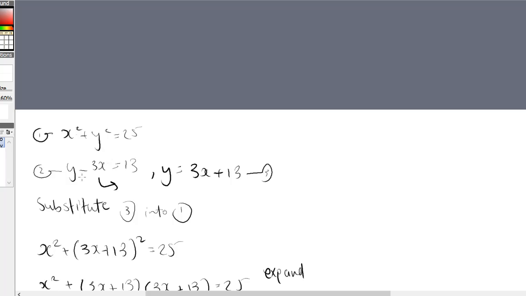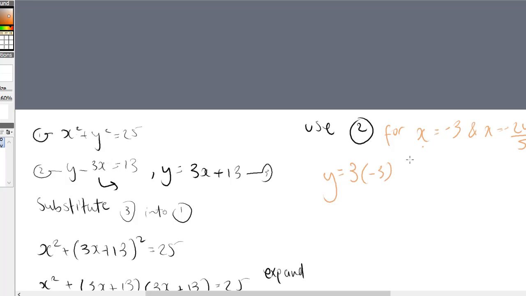Okay, so now I need to take these values of x and put them in to find my value of y. So let's use 2. Let me try a different color. So use 2 for x equals minus 3 and x equals minus 24 over 5. So let's say y equals 3x plus 13.